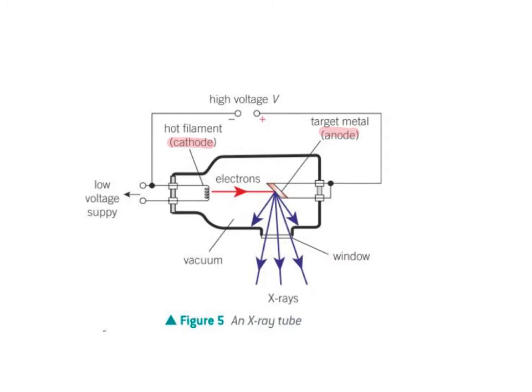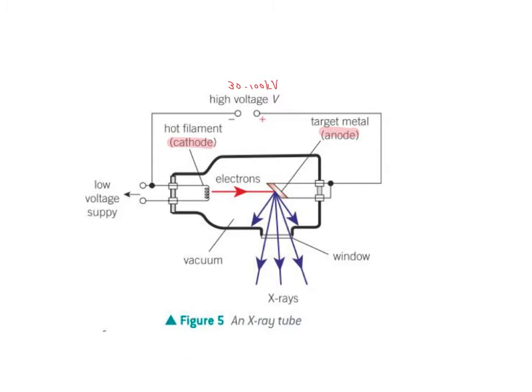So between the anode and the cathode, you have a really high voltage, about 30 to 100 kilovolts. So I'll write that down. This is the range that they use in hospitals for a normal X-ray. So that's the high voltage between the cathode and the anode. The whole setup is lined with lead, so that it prevents any X-rays from escaping towards the radiographer.